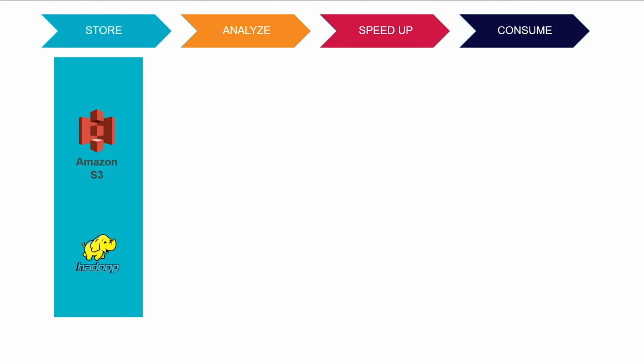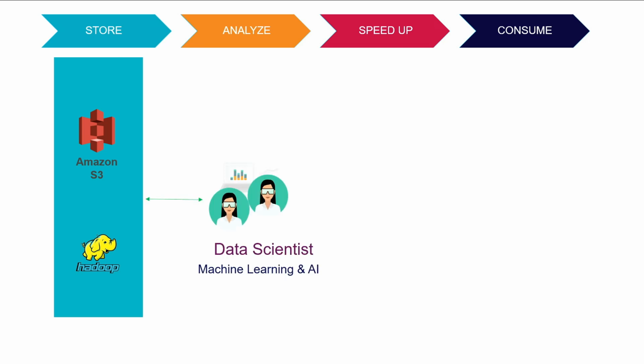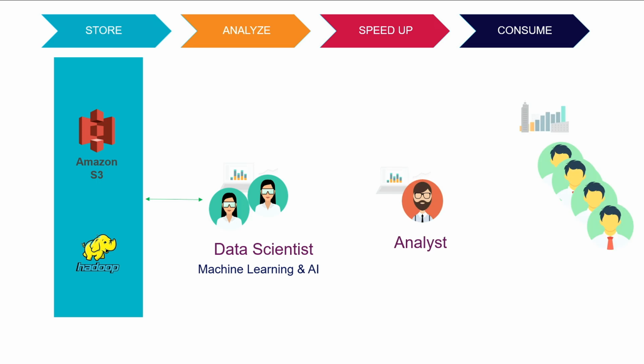And from there on, we move our way up through those levels that Erwin mentioned. We want to analyze that data, right? So the data scientists are able to connect directly to that cloud storage and use it for their machine learning algorithms, but for the analysts and business users, it's a bit further away, right?